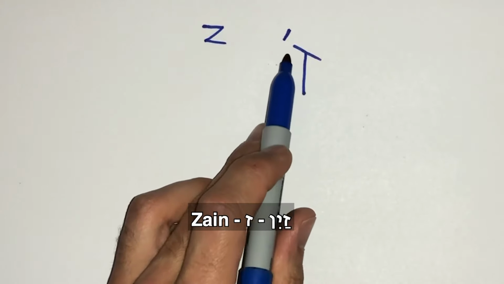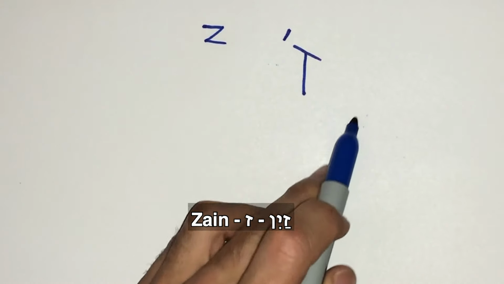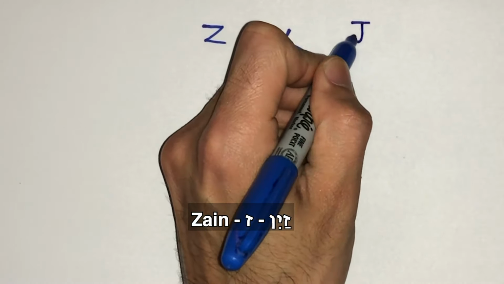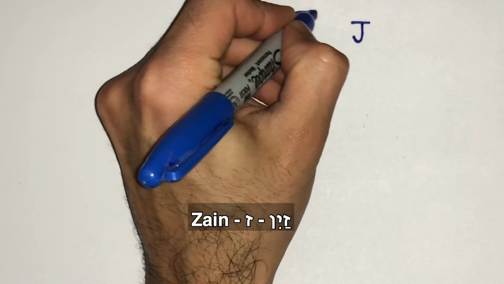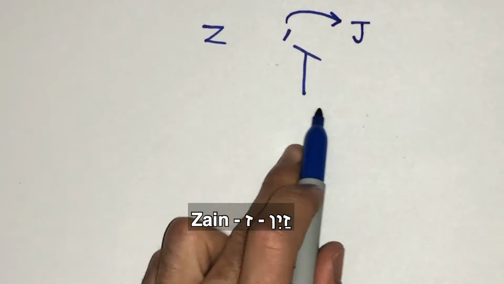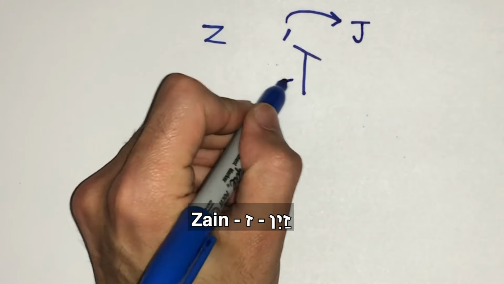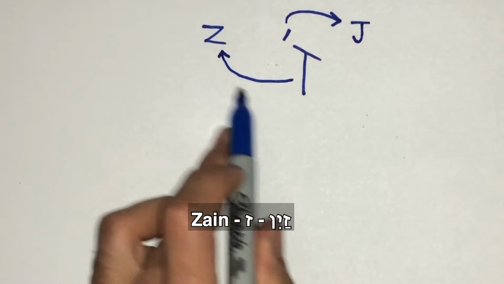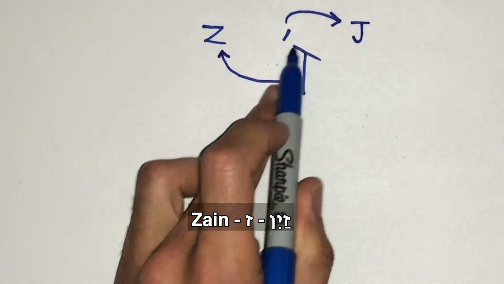So, whenever we see this gerish above the letter Zain, we pronounce it as J. J. Like Jacques, for example. Without it, once again, like Z. Z and J, according to this little sign.